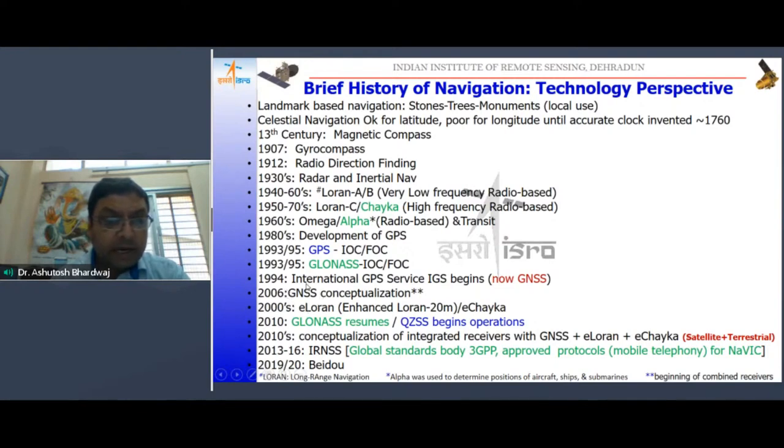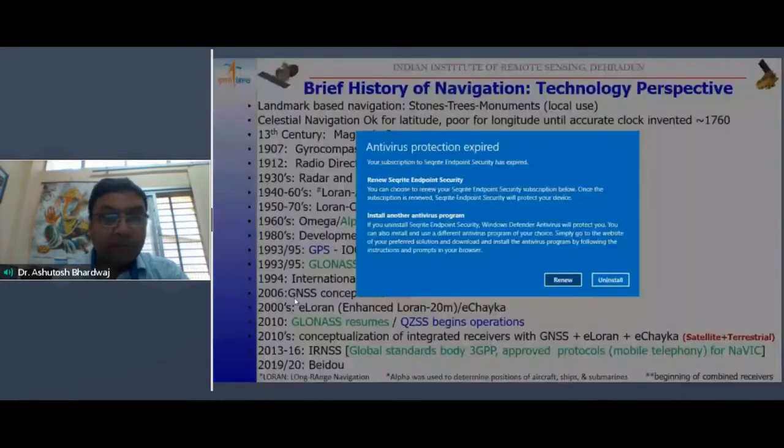Primarily GNSS refers to a system which can compute coordinates based on the constellation of satellites belonging to more than one system. One system means the GPS, another means the GLONASS, because at that time these two systems were the only ones. Thereafter, Galileo came from the European Union and BeiDou from China. These two systems were added later on.